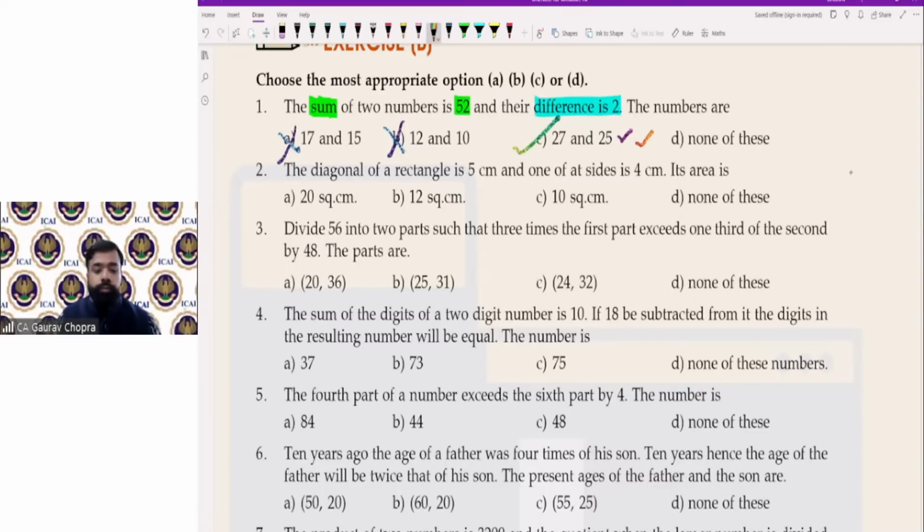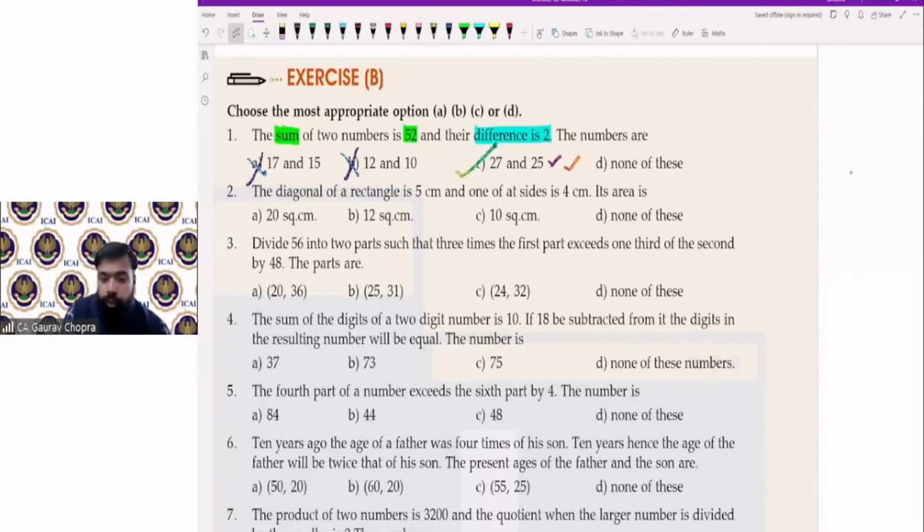Then the second one. In the second one, what is required? The diagonal of a rectangle is 5 centimeter and one of its side is 4 centimeter. Then find the area. So now you have to find out the area. So let's try this.